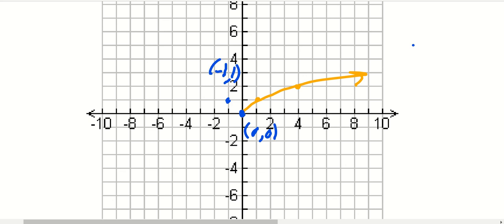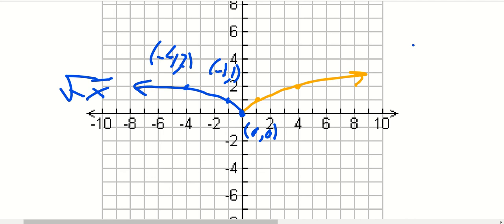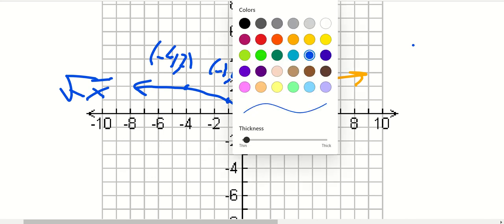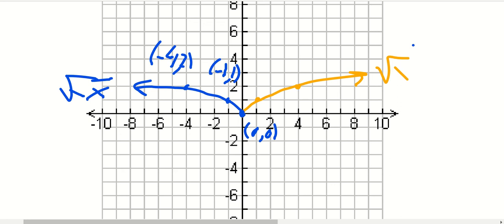And the point we had at 4, 2 is now going to get moved to -4, 2. Like this. So this is the graph of the square root of negative x. It's simply a reflection with respect to the y-axis of its parent graph, which was the square root of x.